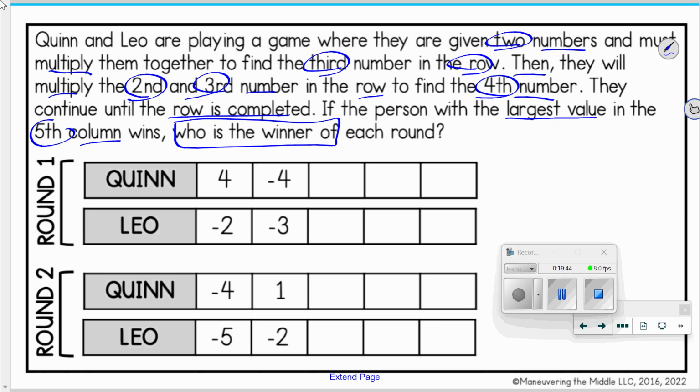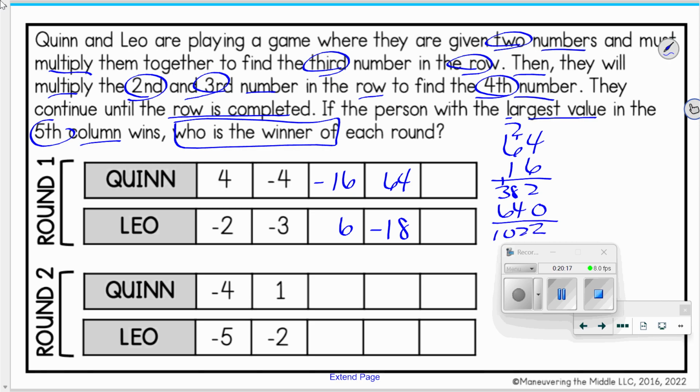I take the two numbers, I multiply. So at 16, I compare the signs, it's negative. Multiply the two numbers. That gives me 6. Compare the signs as positive. Go to the second and third. 4 times 16 is going to give me 64. Compare the signs. That's positive. 6 times 3 is 18. Compare my signs as negative. 64 times 16 gives me 1,024.